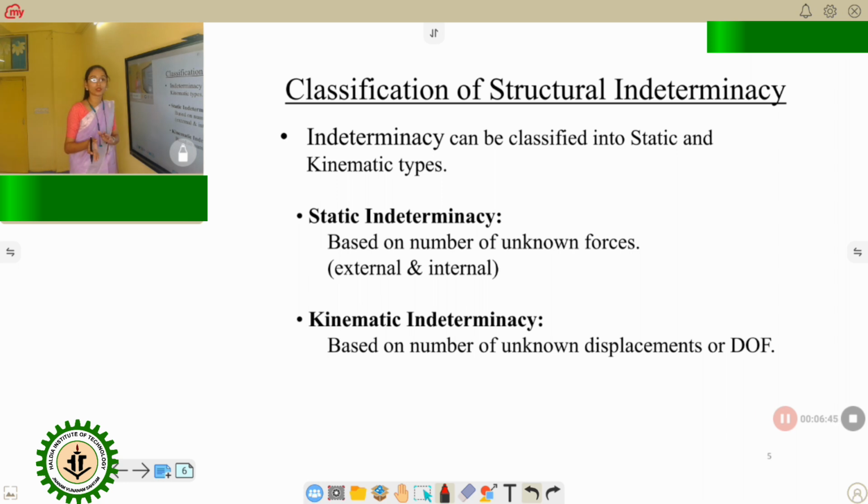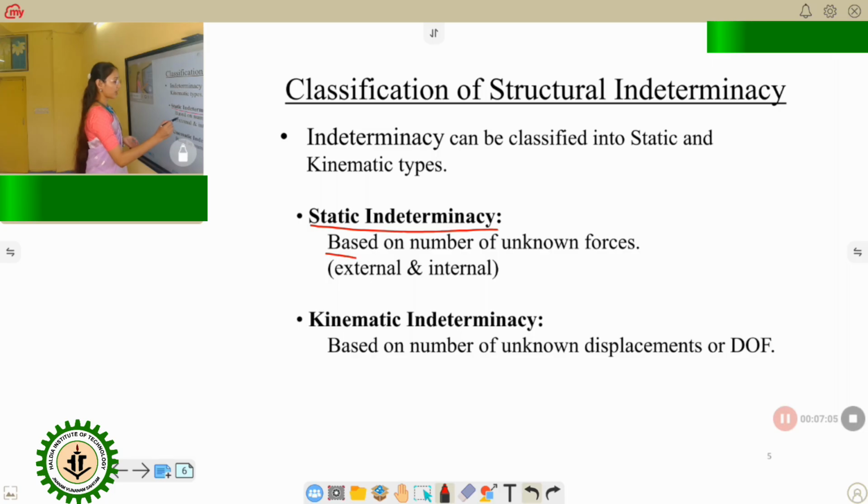These two, forces and equations, result in a number that tells whether it is solvable or not. If the unknown forces are more than the equilibrium equations, then there are some forces that will not be available to solve using the equilibrium equations. So that will be its indeterminacy, that is static indeterminacy.